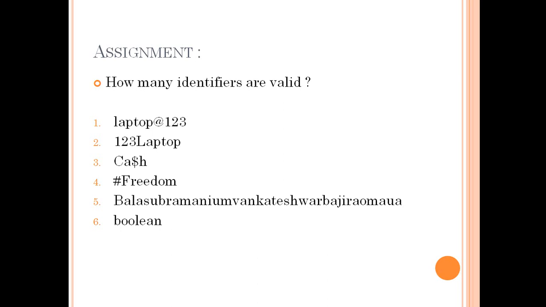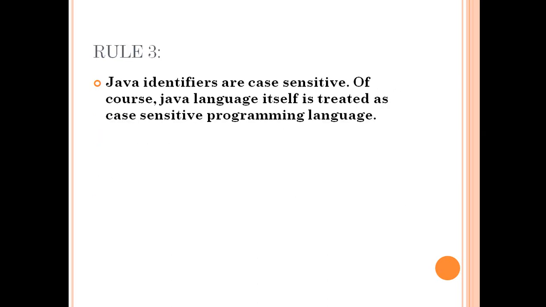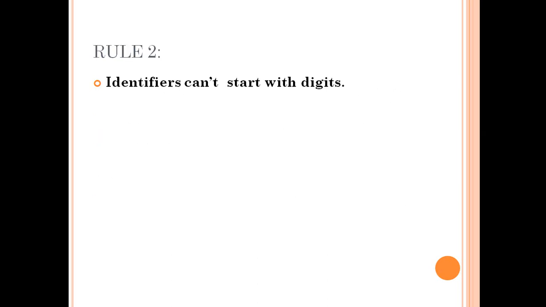So to summarize this whole video, we have seen what identifiers are. Identifiers are names in a Java program. There are 6 rules. The first rule is that we can use only alphabetic characters A to Z, small a to z, 0 to 9, dollar and underscore. The second rule said that we cannot use digits at the start of an identifier.